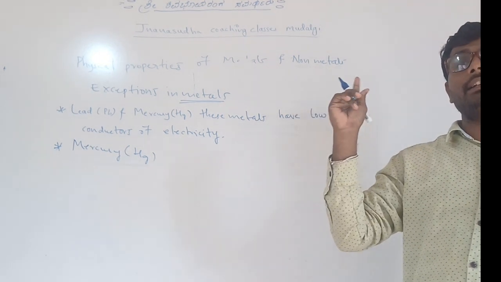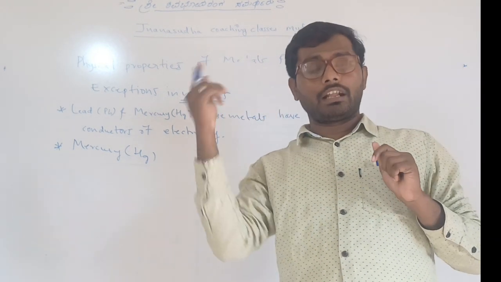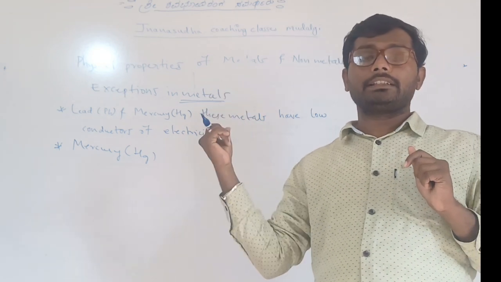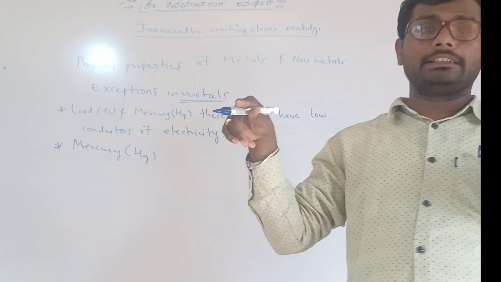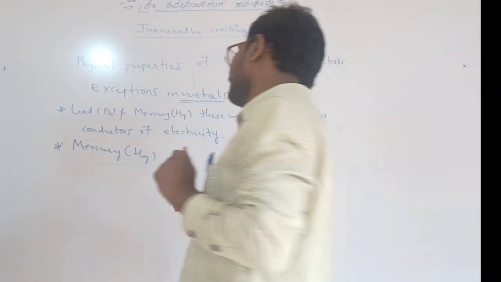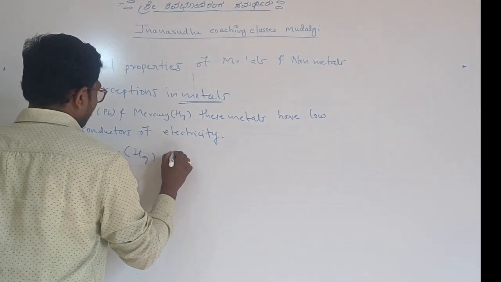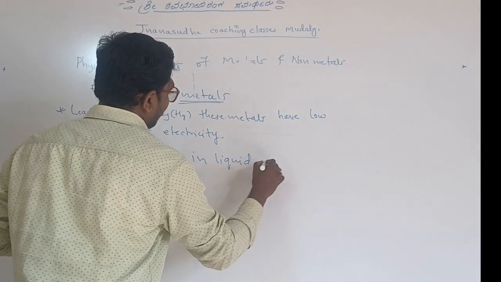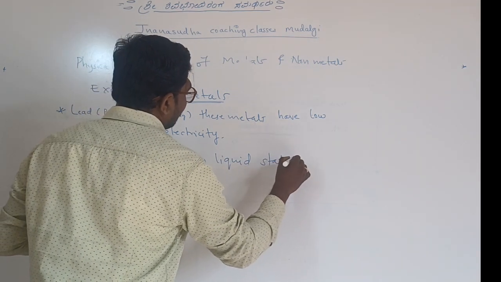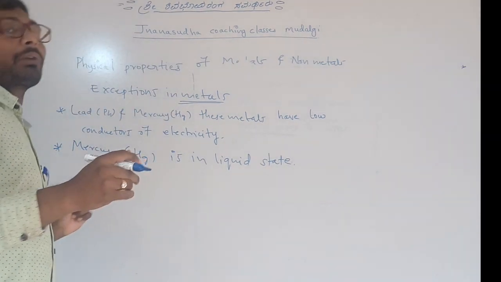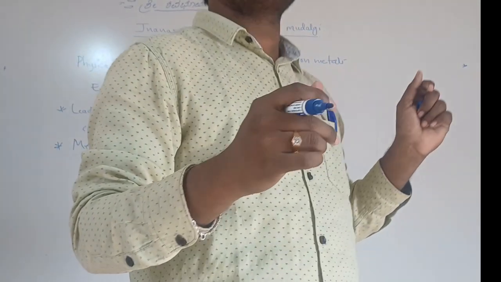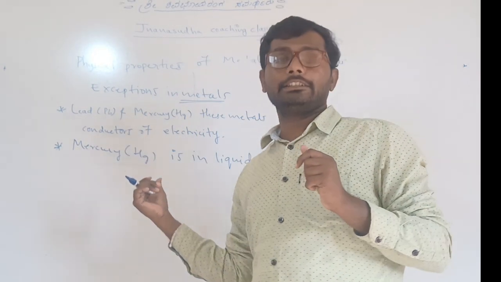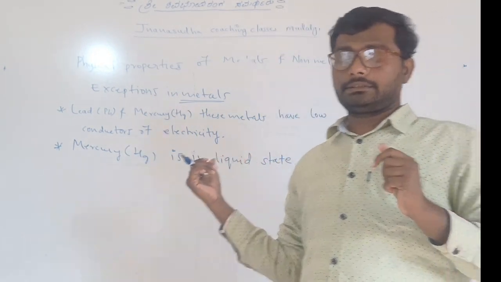Only one element among all the elements occurs in the liquid state as a metal. Yes, we can use it in thermometers. It is a silver shining color liquid.